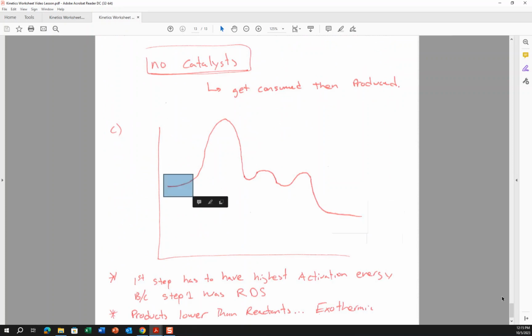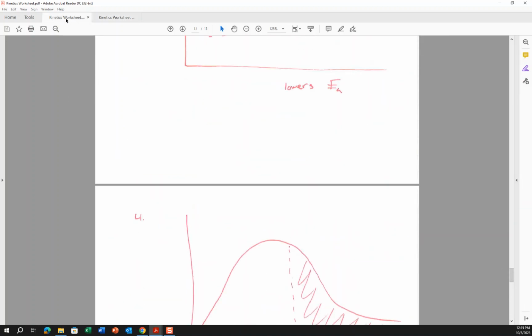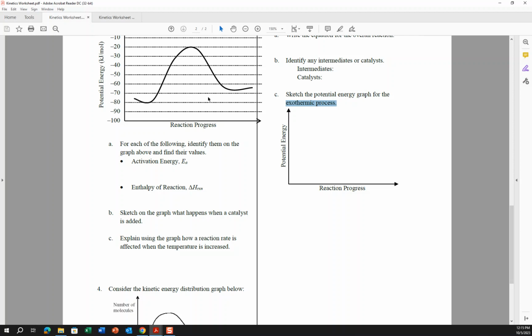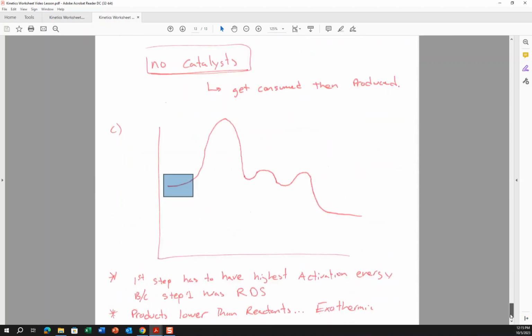If we looked at that first diagram they showed us, that is an endothermic reaction because this was higher than that. But they told us this reaction was exothermic, so you have to show that this is lower than that. The first hump has to be the biggest because it was the slowest step, so it has the highest activation energy.